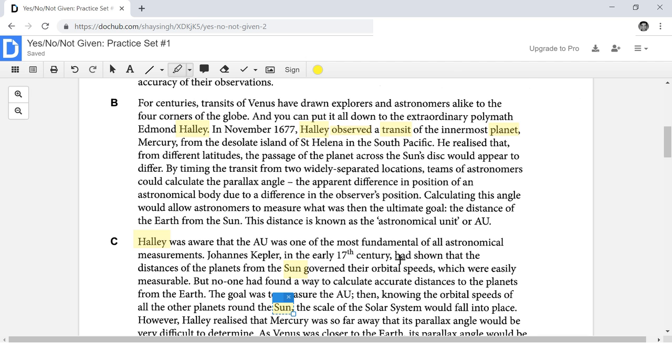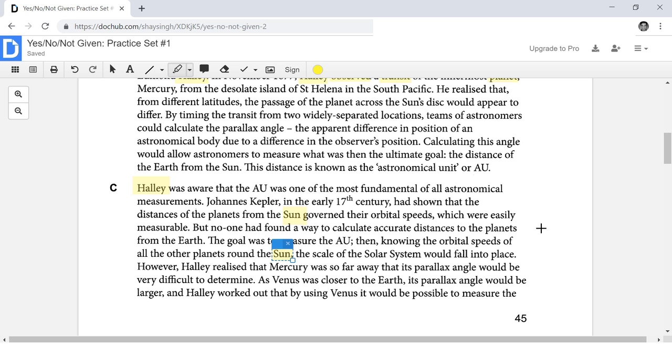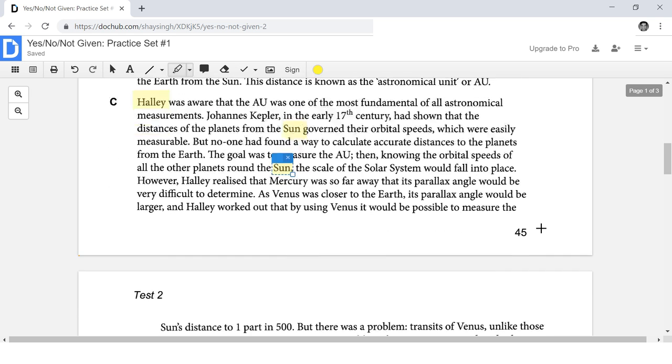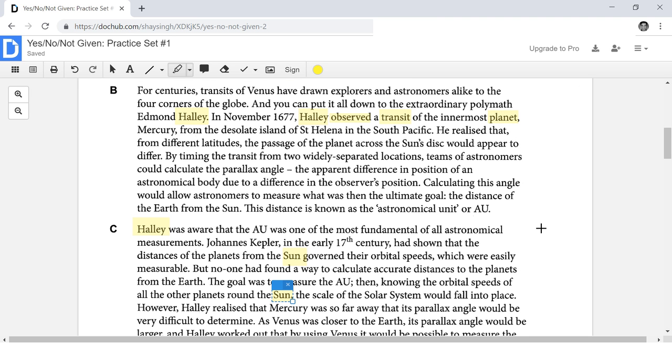Right now I'm focusing on this one, Halley observed transit, and I want to make sure that it was the planet Venus, since that was our other keyword. All right, so I haven't found the keyword Venus here.